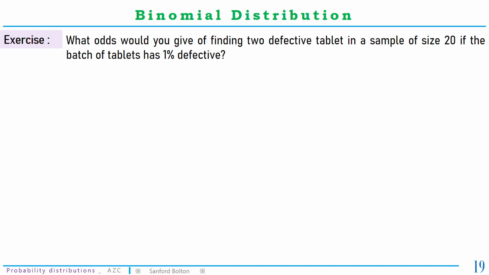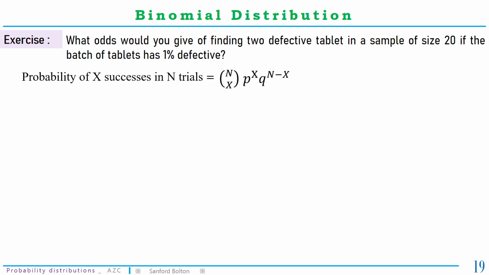Exercise. What odds would you give of finding 2 defective tablets in a sample of size 20 if the batch of tablets has 1% defective? Here is the equation of probability of x successes in n trials. Let's first find n choose x.